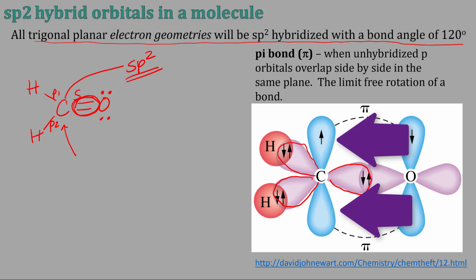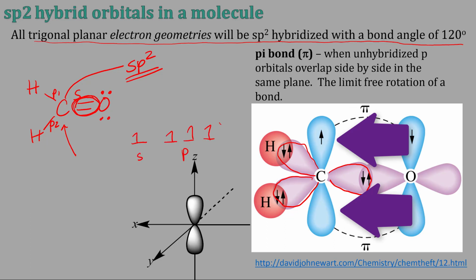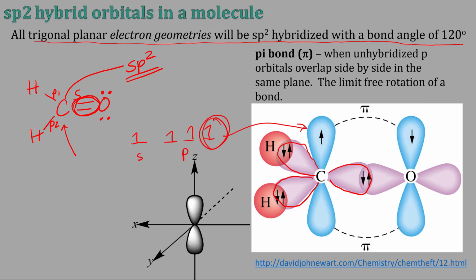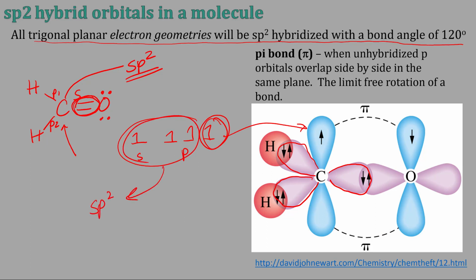Now this is that leftover P. Okay, so these make the hybrid orbitals, 2 P's, 1, 2, and then 1 S. And so we have this thing that's left unhybridized. So that's that p orbital that's more elongated. And oxygen also has this p left unhybridized.